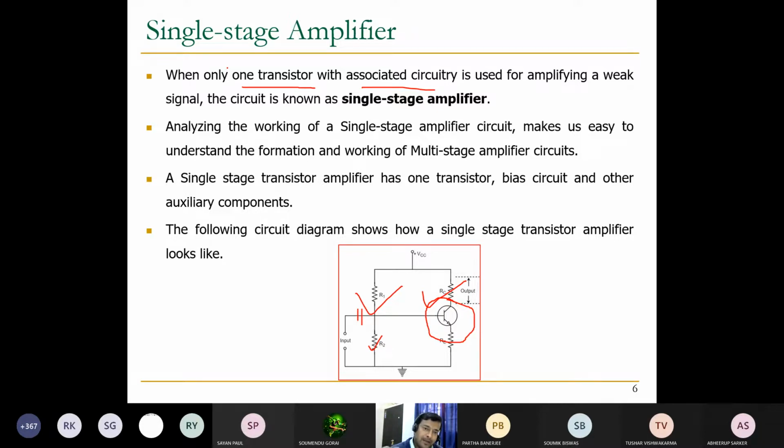I repeat, when we consider a single transistor with associated circuitry for amplifying a weak signal, that is known as a single stage amplifier.